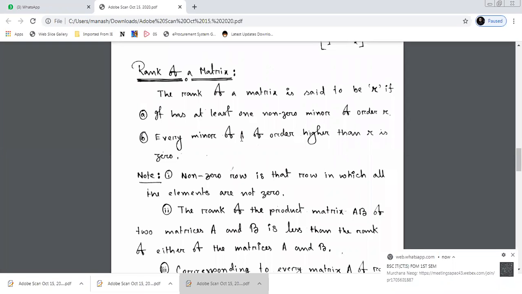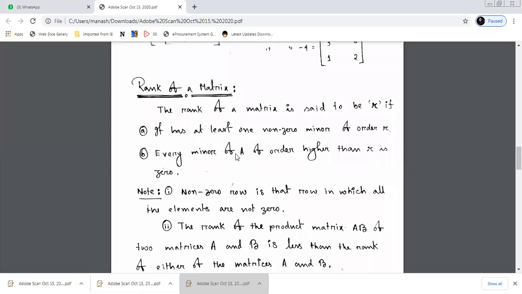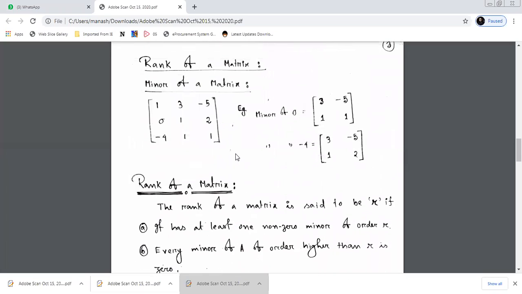Every minor of A of order higher than R is 0. Now see here. Suppose this is a matrix. Clear?